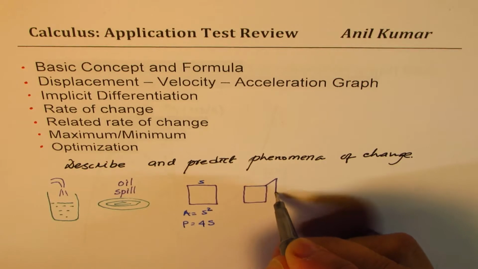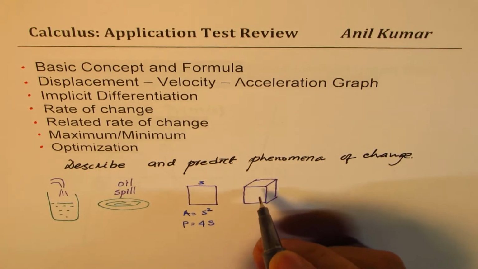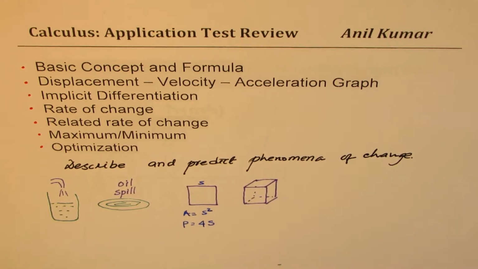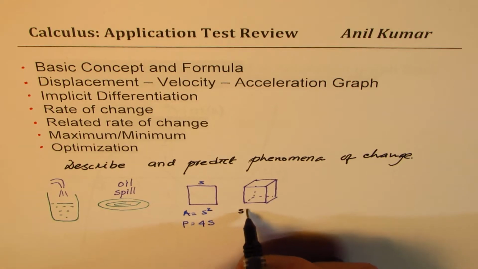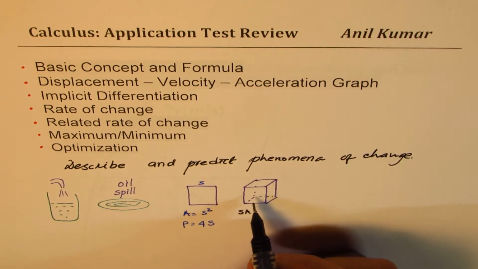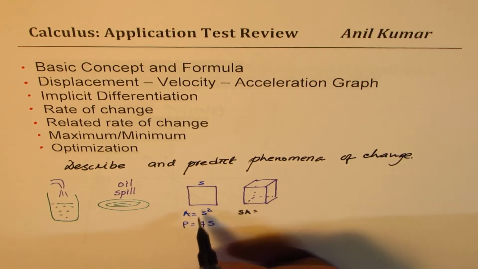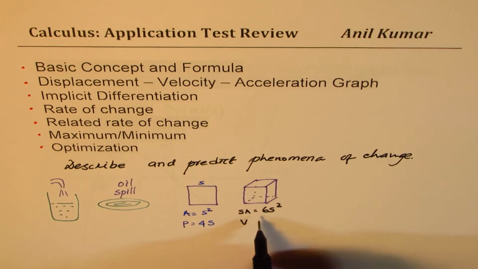Then what happens? In case of a cube, we are not talking about just area but the surface area, since now there are 6 surfaces, front, back, top, bottom and the sides, each having area of S square, so it becomes 6S square. Perfect. And we talk about volume, correct? So volume is S cube.